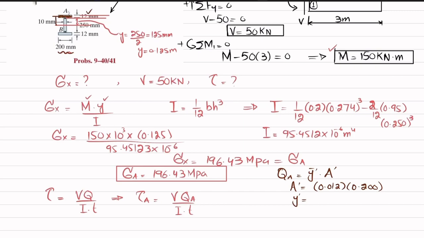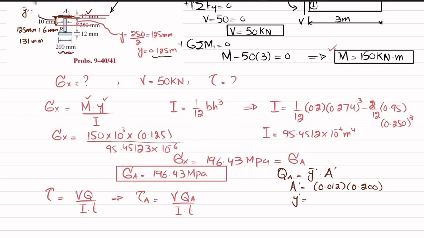So this is y dash bar, and it is equal to this distance, which is 0.125, and the half of this 12 millimeter. So this distance is 125 millimeter plus 6 millimeter.